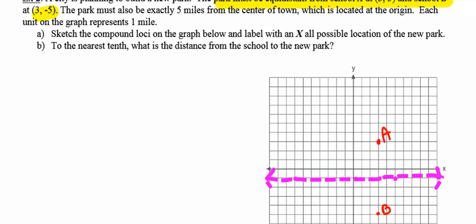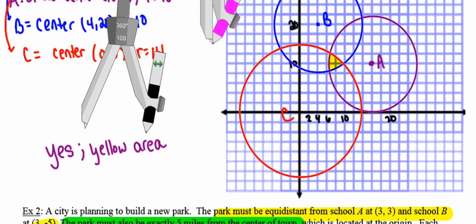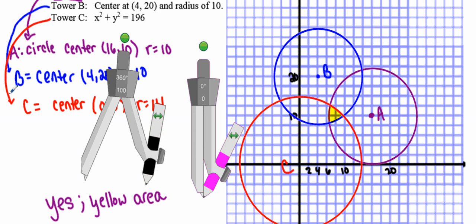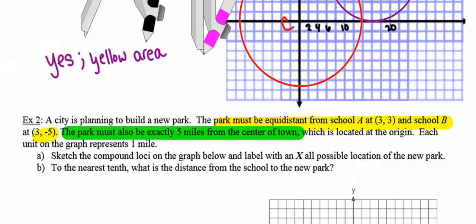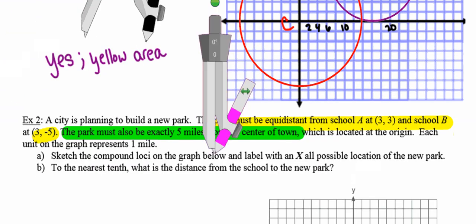The second criteria that we're trying to meet here is that this park must also at the same time be exactly 5 miles from the center of town. So I'm going to go ahead and put my center of town at the origin. And again, I want to sketch all the places that are 5 units from that center of town. So I'm going to go ahead and grab my compass again so that I can be as precise as possible.